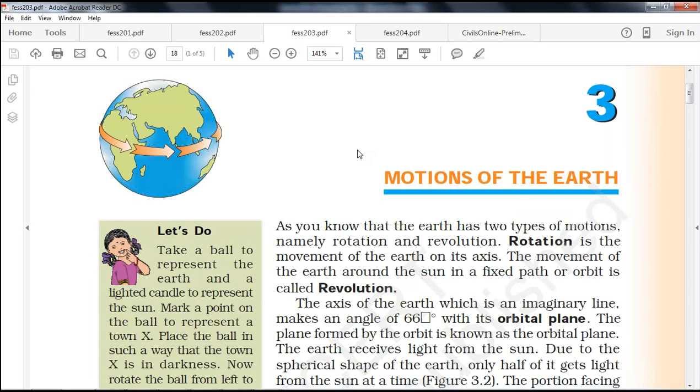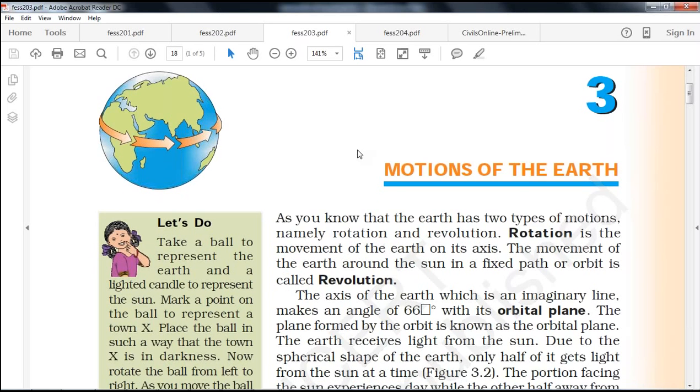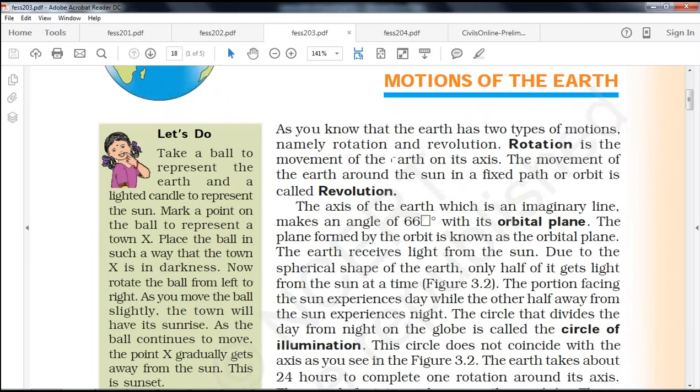Apart from this rotation, Earth also revolves around the sun in an orbit, in a fixed, elliptical path. This is called a revolution. Earth takes 24 hours for its rotation, and it takes 365 days for a complete revolution around the sun.